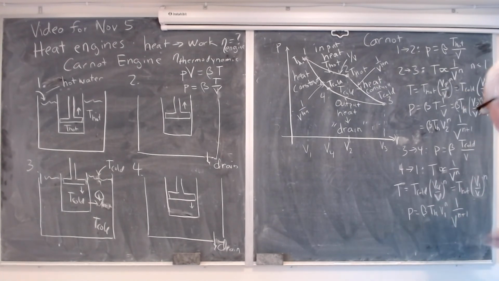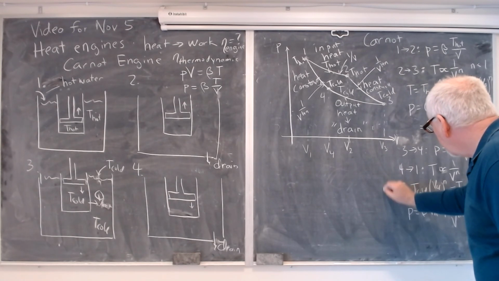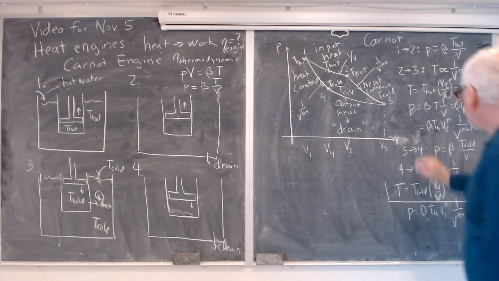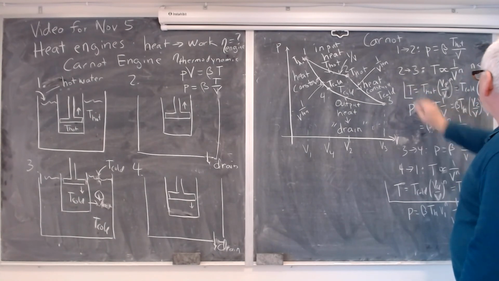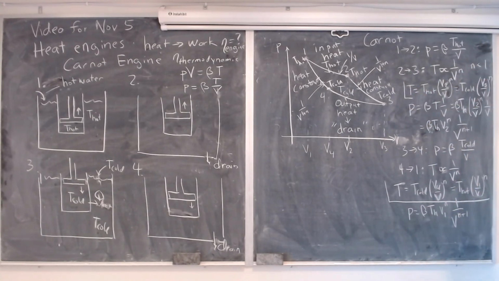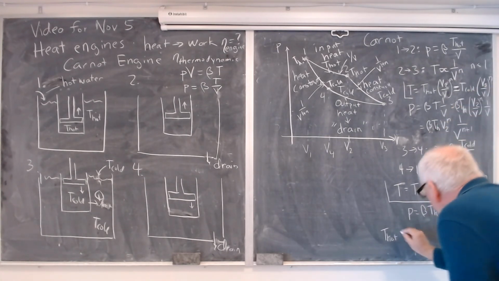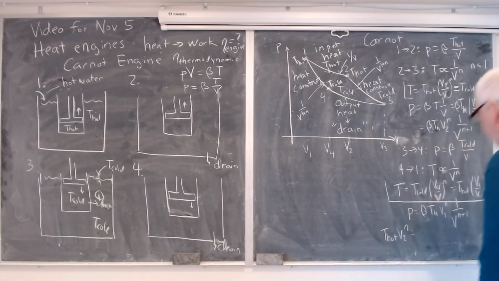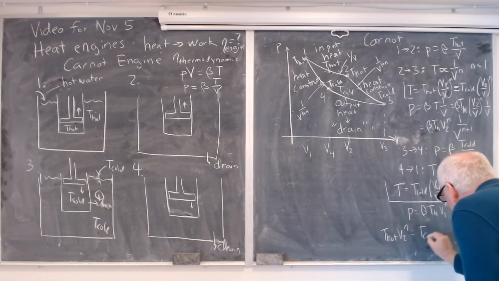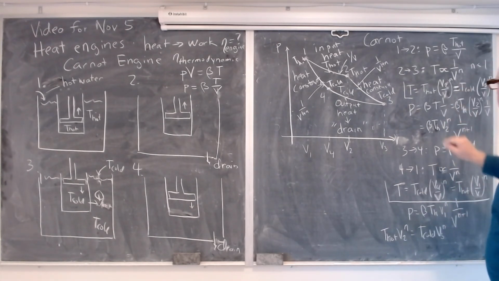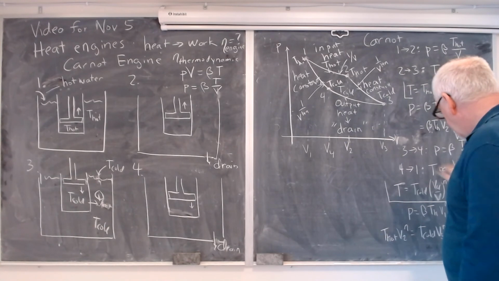Now notice this one and that one. If you look at that, these equalities mean, because if I set that equal, T hot V2 to the N is equal to T cold V3 to the N. That's from 2 to 3.